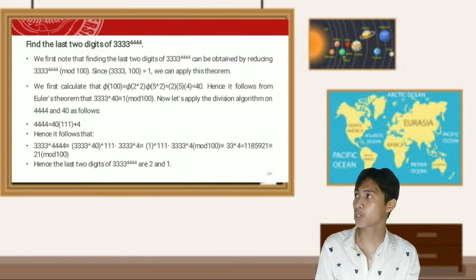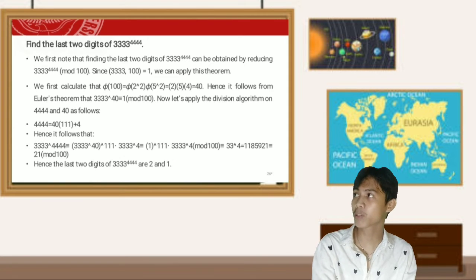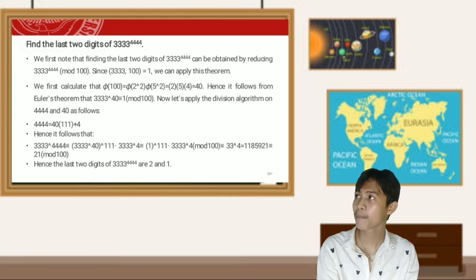We can apply this theorem. We first calculate that φ(100) is equal to φ(2 squared) times φ(5 squared), which is equal to 2 times 5 times 4, which is equal to 40.